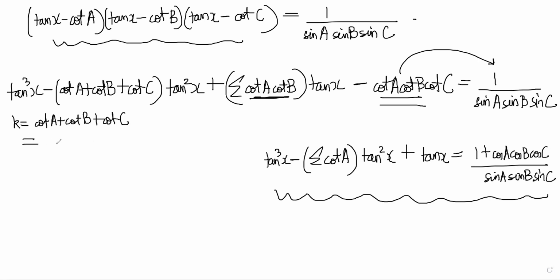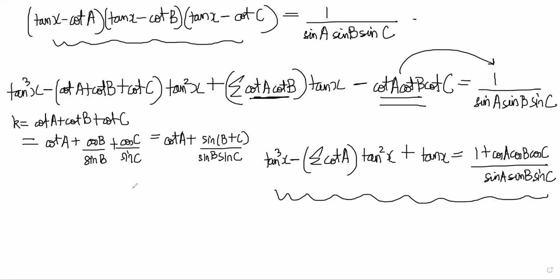Now this can be written as cot A plus cos B by sin B plus cos C by sin C. If you take common denominator, it is sin B sin C, and on top it will become cos B sin C plus cos C sin B, which is sin of B plus C. Right?